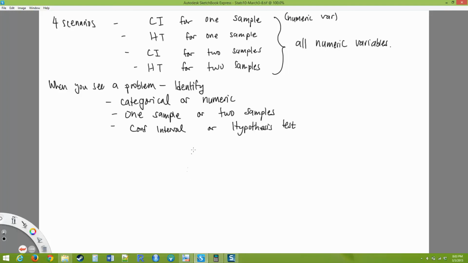Okay, so let me just tell you the details for each part. Today we're only dealing with numeric because in Chapter 8 and in Chapter 7 we dealt with the categorical stuff. All right, so let's start off with a confidence interval for one sample. Again, numeric variable. Everything we do today is dealing with numeric variables.